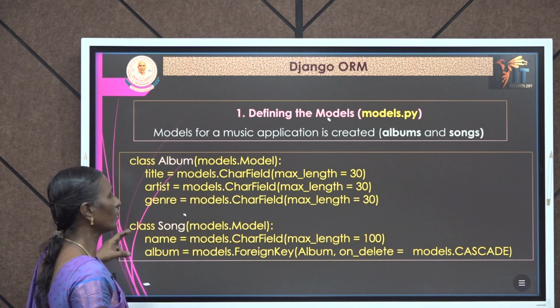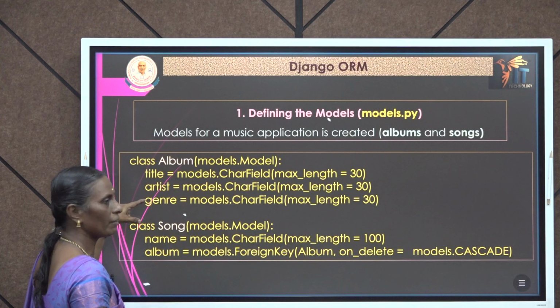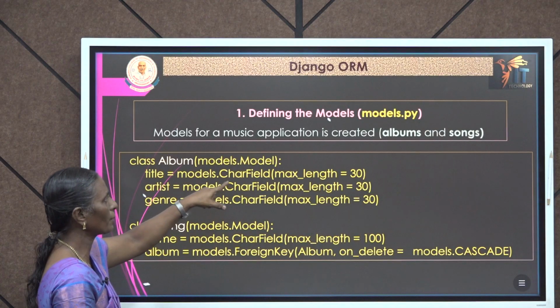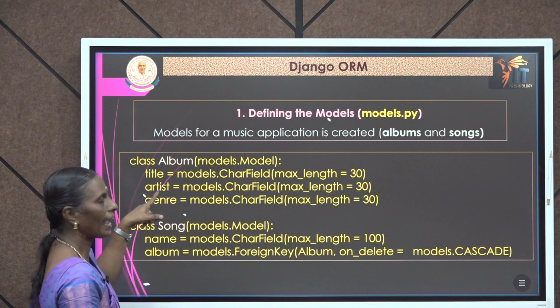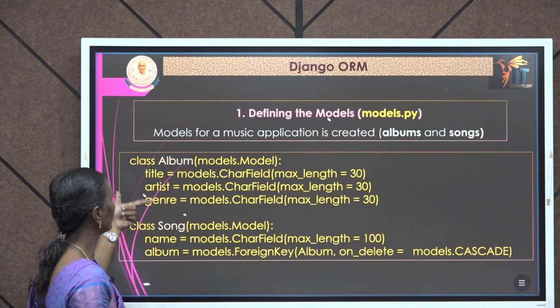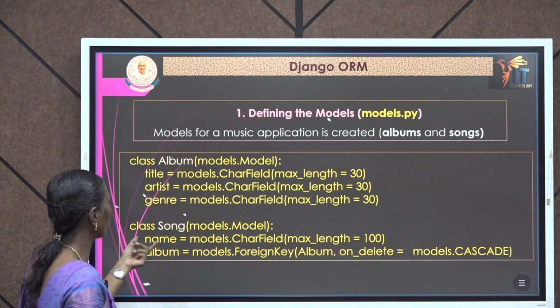So I have created 2 different classes. One is for album, which includes 3 attributes or fields. One is title, that represents the title of the album, artist, who represents the album, and we have the genre, that is the type of song.